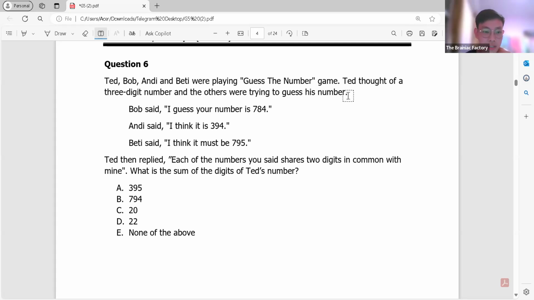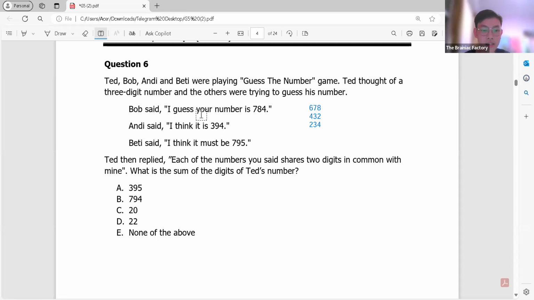Ted thought of a three-digit number, so three-digit, it could be 6, 7, 8, 4, 3, 2, and anything, which contains three numbers in a row. And the others were trying to guess his number. So we have Bob, Andy, and Betty guessing Ted's number.